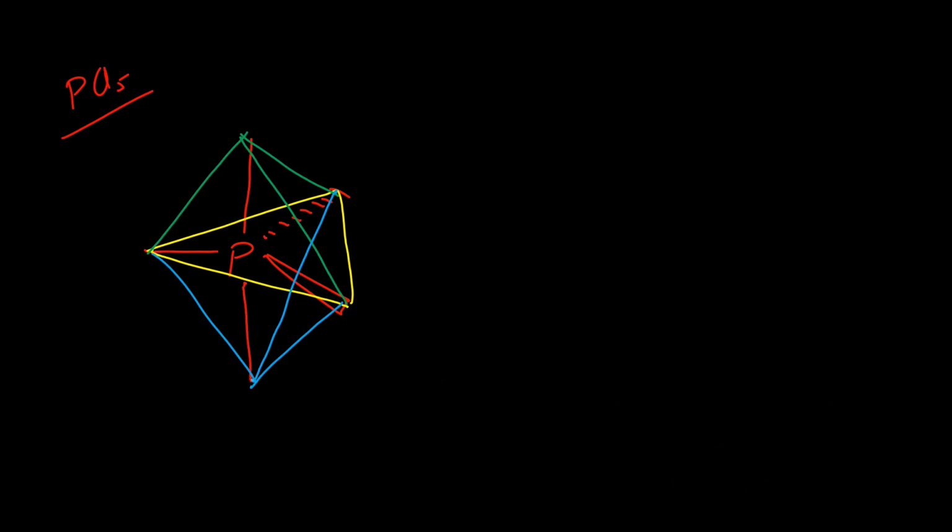So trigonal bipyramidal: one pyramid upward, one downward. That's why bipyramidal. Trigonal, because the base is triangular. Bi means 2 pyramids.